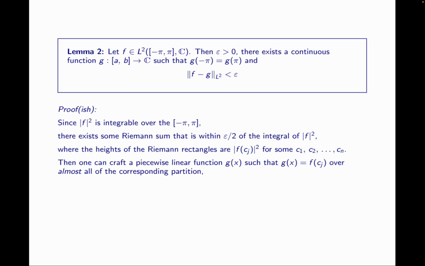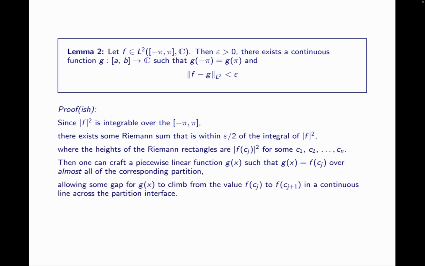But what I could do is craft a piecewise linear function g so that g of x equals f of cj for all x in almost the entirety of the corresponding partition.